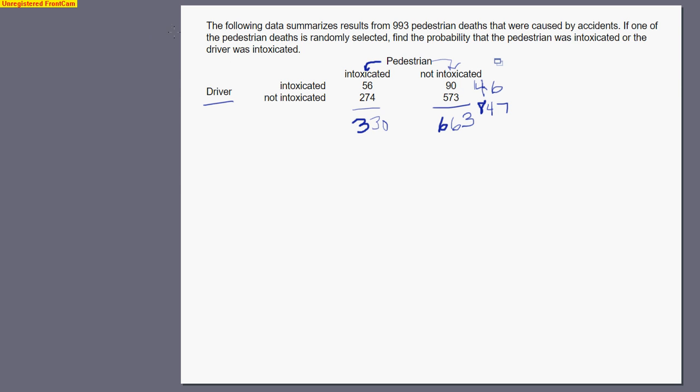All right, but we need to find the probability that either the pedestrian was intoxicated or the driver was intoxicated. We write this in the form of a union. That means or. Now we have a formula for this. It's going to be the probability that the pedestrian was intoxicated plus the probability that the driver was intoxicated.